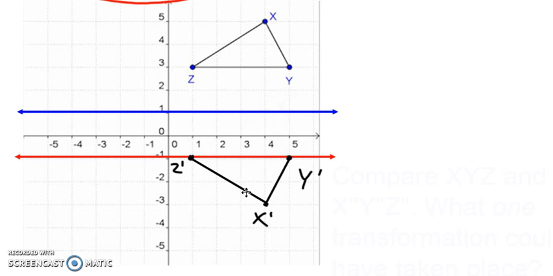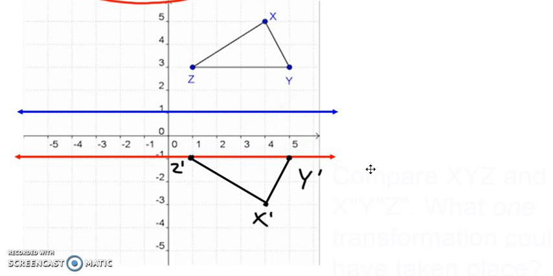So when I reflect, my z prime, x prime, and y prime need to be the same distance away from my blue line, which was y equals 1. And I see that I have 2, 2, and then 4. So I do have those same distances.